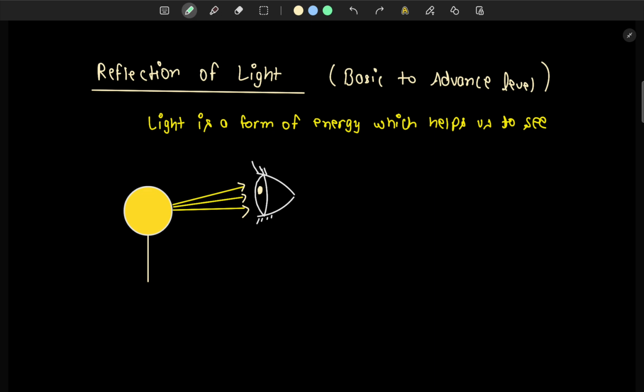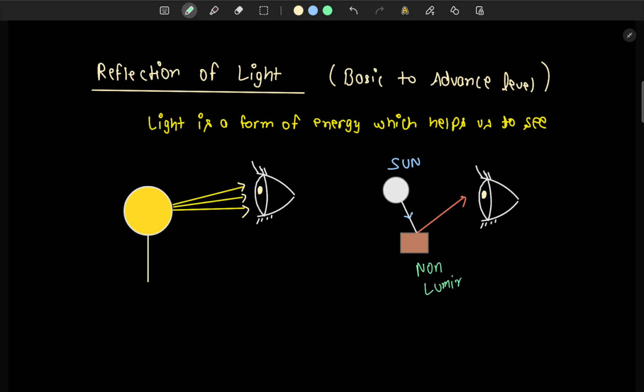Now there are also objects which do not have their own light. Like suppose this object is non-luminous. It does not have its own light. So then how are we going to see this? This object does not emit light rays on its own.